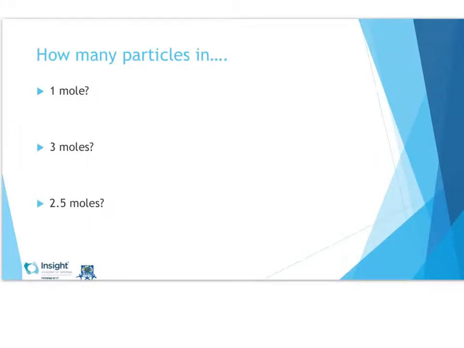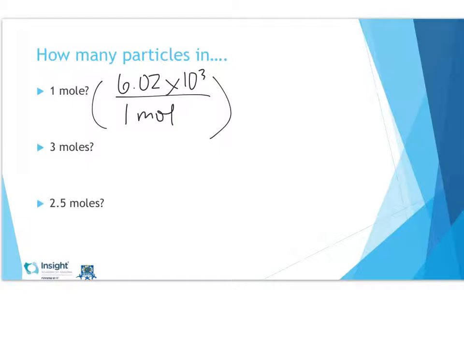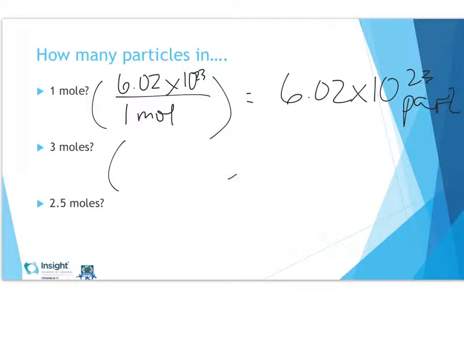Another thing that you might do with this is some conversion type stuff. So if you know you have 1 mole, and we know that 1 mole is equal to 6.02 times 10 to the 23rd, that's how many particles? 6.02 times 10 to the 23rd particles. Alright, so you can keep setting this up.